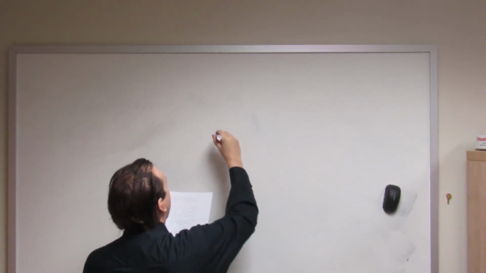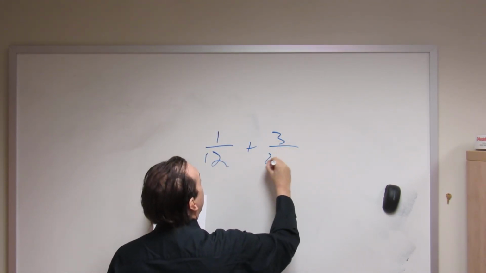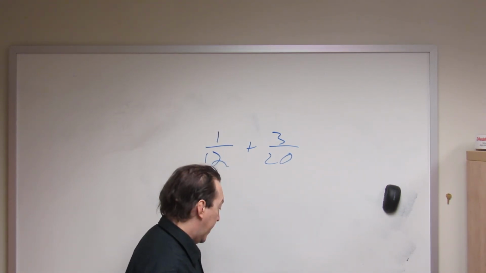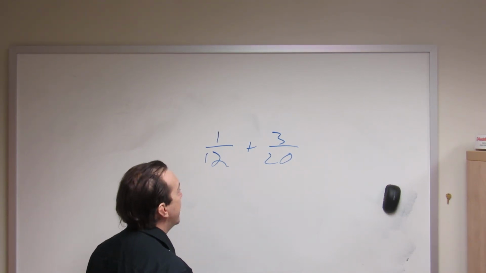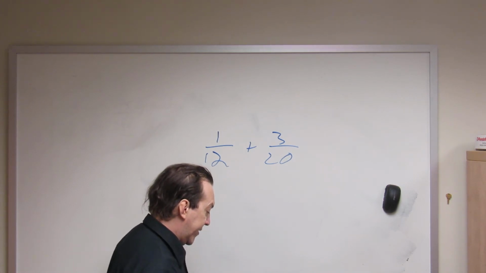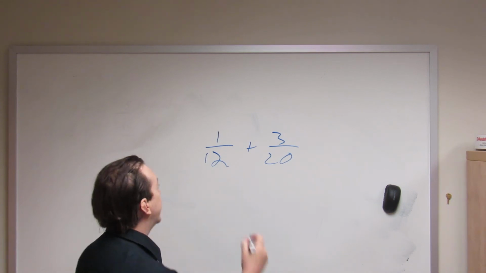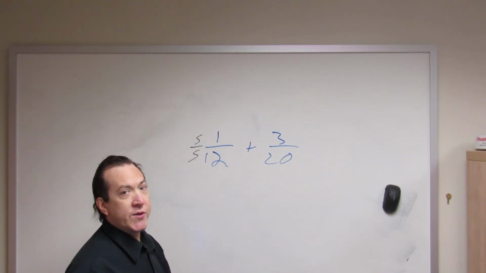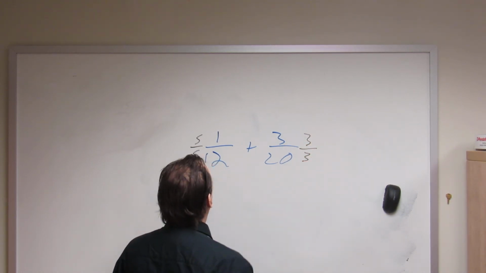Then let's say we have 1 over 12 plus 3 over 20. We don't have a common denominator, so we need one. So we try to find the smallest one to make it easy. The smallest number that both of these will go into is 60. 12 goes into 60 5 times. So we're going to multiply this by 5 over 5. 20 goes into 60 3 times. So we're going to multiply this by 3 over 3.